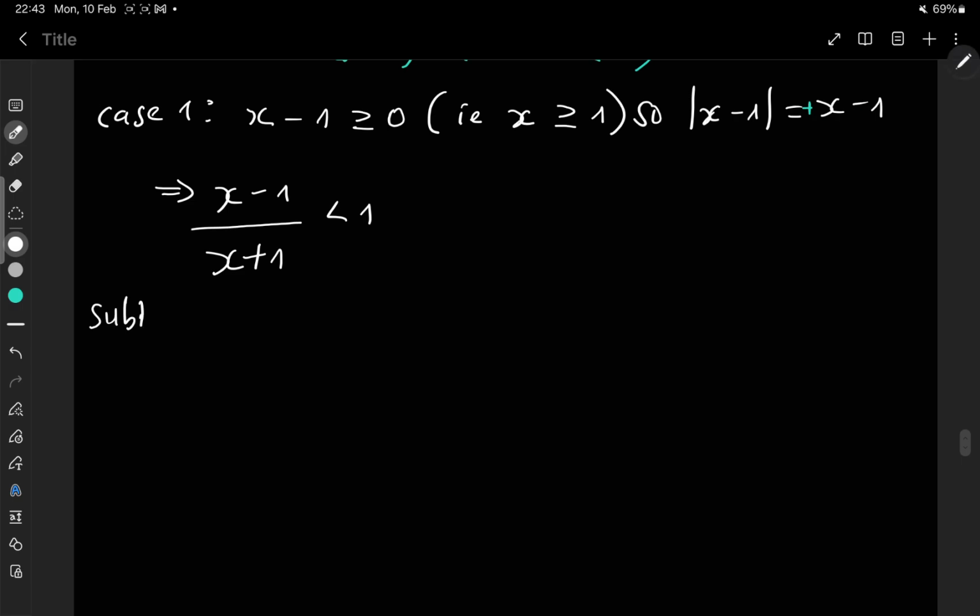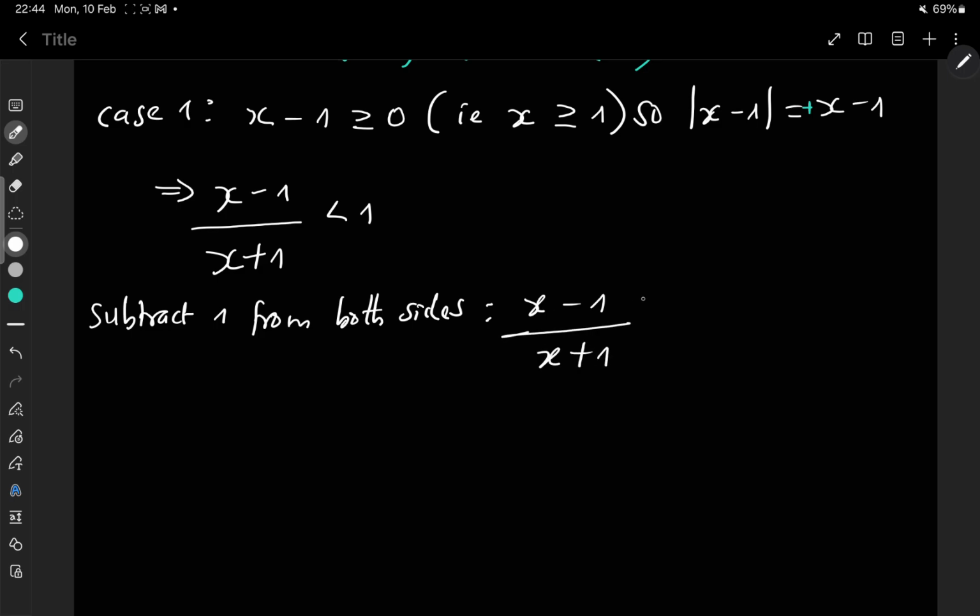Now we're going to subtract 1 from both sides of the inequality. Subtracting 1 from both sides is going to be x minus 1 all over x plus 1 minus 1 less than 1 minus 1.